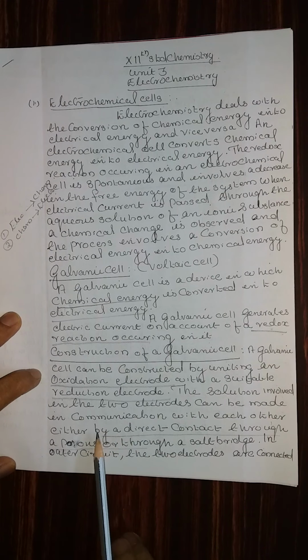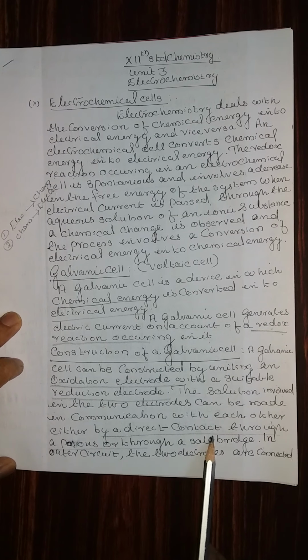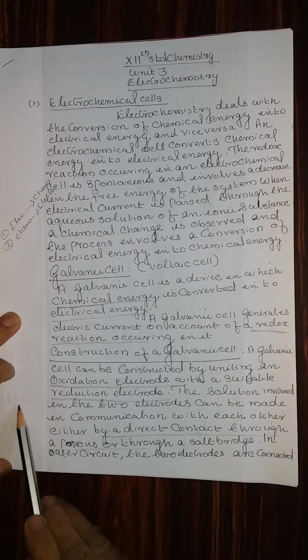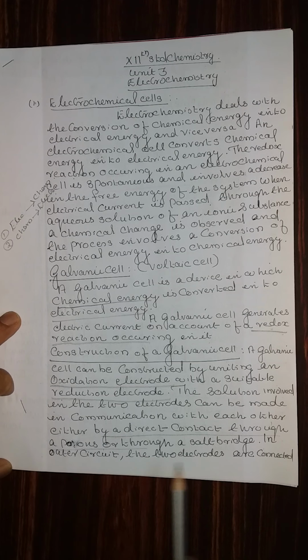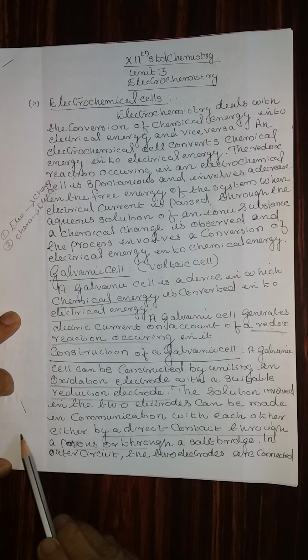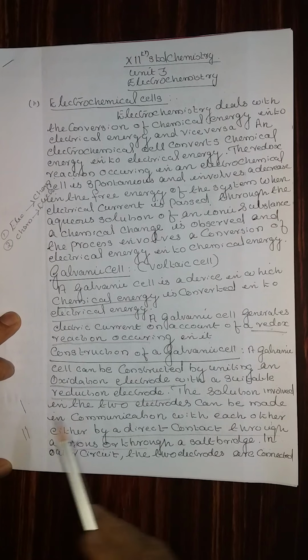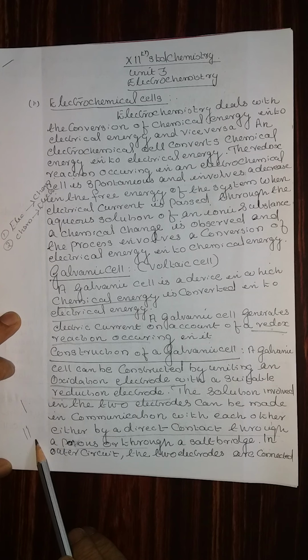If the communication with each other is by direct contact through a porous spot, in the representation of the cell, we use only a single line; that we will discuss again later. But if it is a salt bridge, 2 lines are used. This is the difference between the notation of porous spot and the salt bridge.